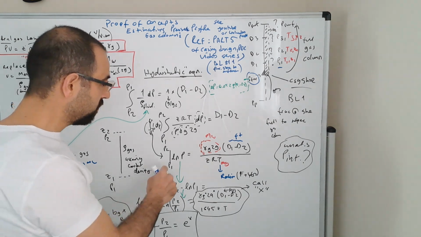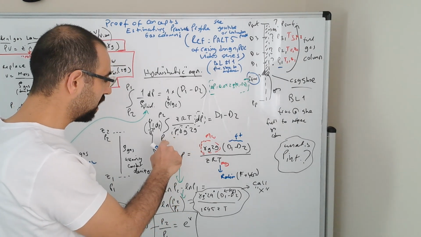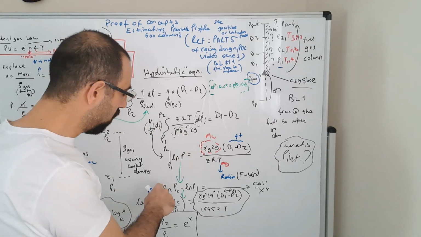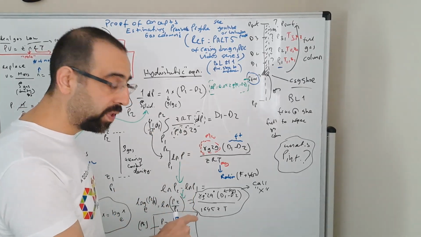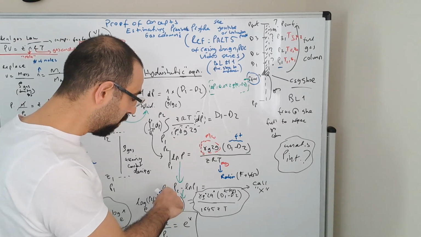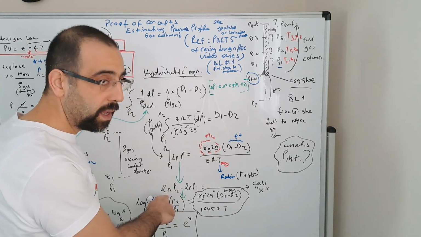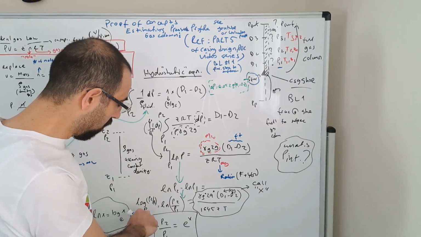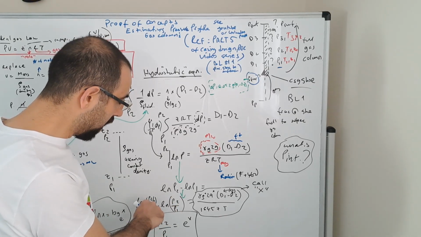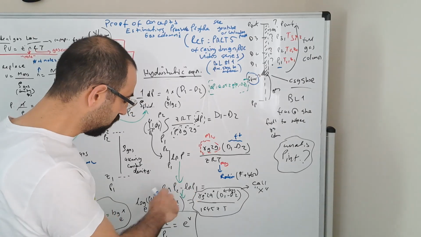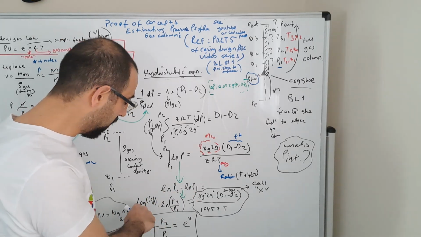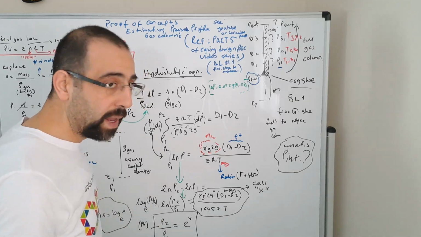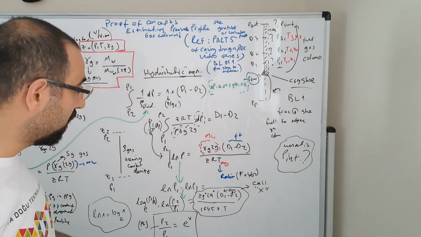If you remember, ln x, I need to go from P1 to P2, so it will be ln P2 minus ln P1, and from logarithm rules, this difference could be written as the logarithm in base e of P2 over P1, or ln P2 over P1, sorry.